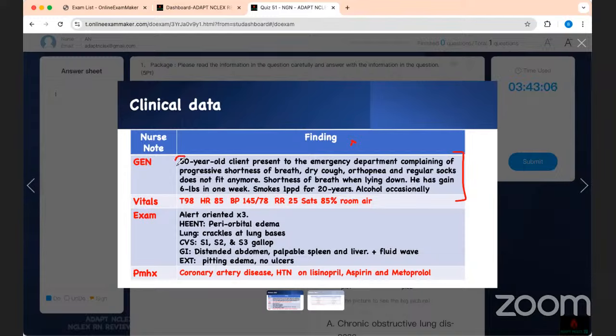So what do you see? I told you, he's 50 years old. What do you see in the first 2 lines that should worry you? Is it progressive shortness of breath? Is it dry cough? Is it the orthopnea? Is it socks that don't fit anymore? Is it shortness of breath when he lies down? Or he has gained weight?